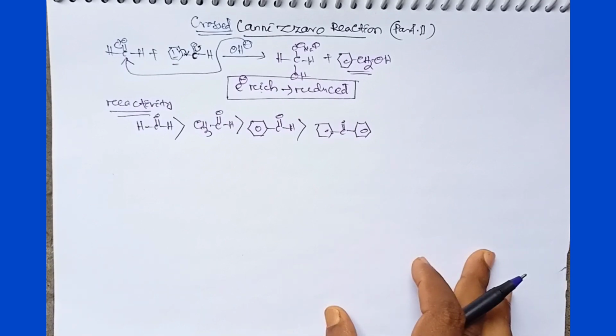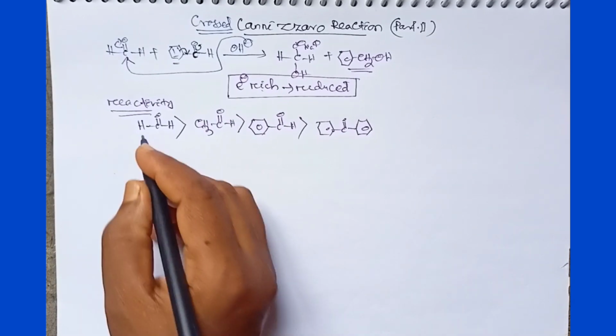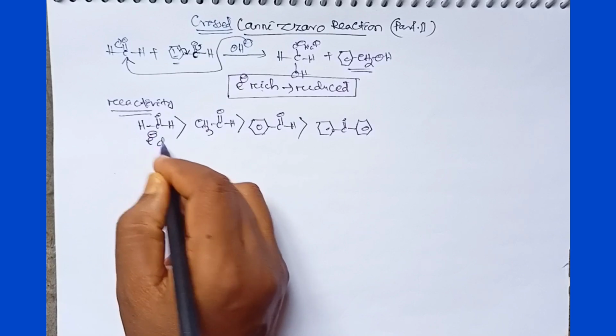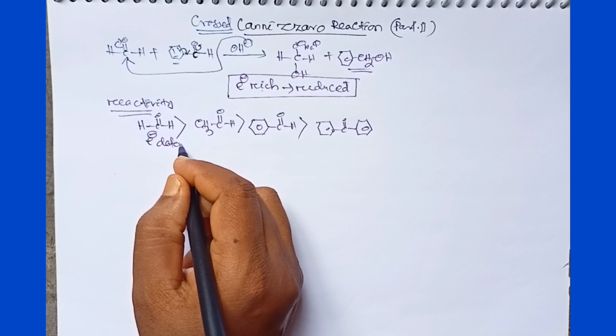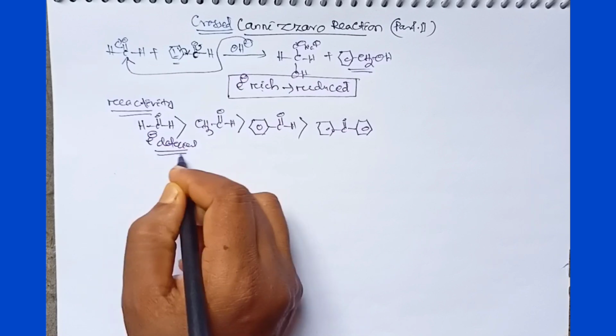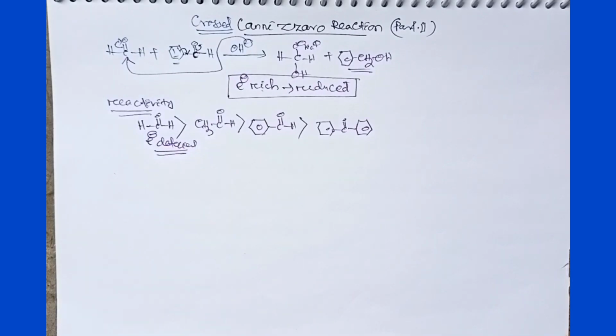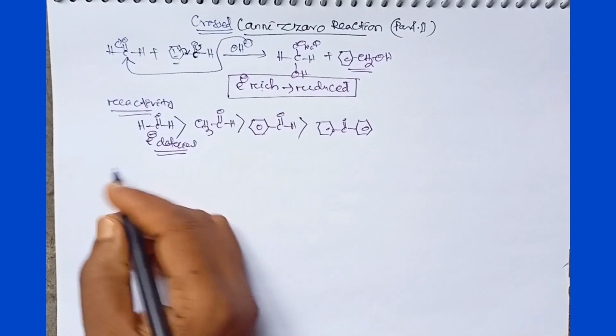So this is the reactivity order. This is more electron deficient. For the enhancement of this reaction, we first need a very electron deficient center, then only the rate determining step, RDS, the shift of hydride, can take place. Okay, so this is the crossed Cannizzaro reaction.